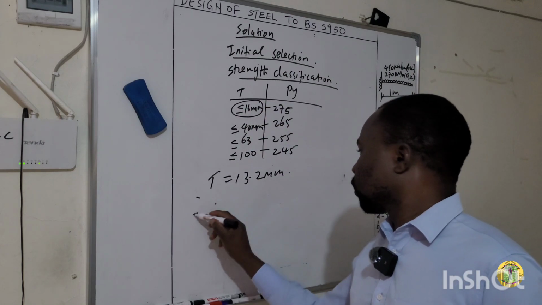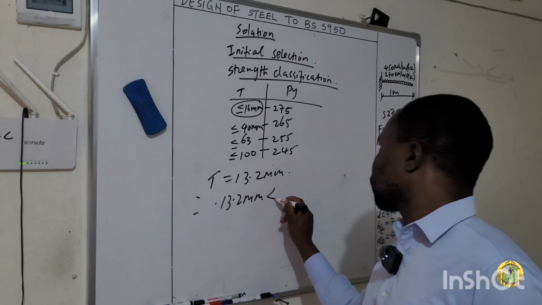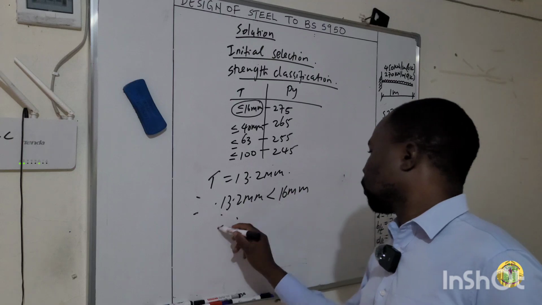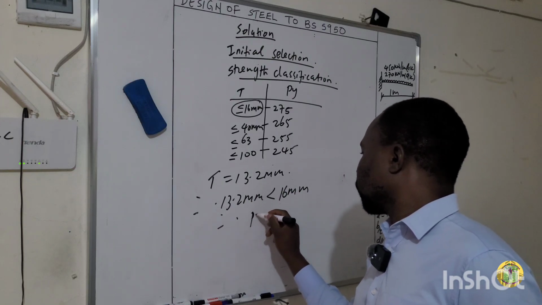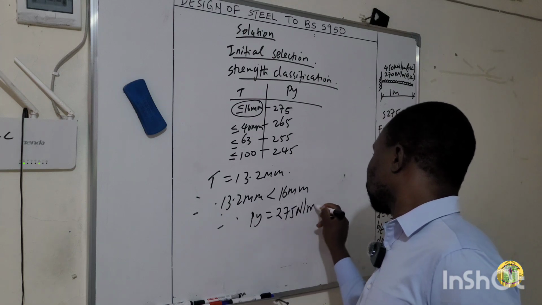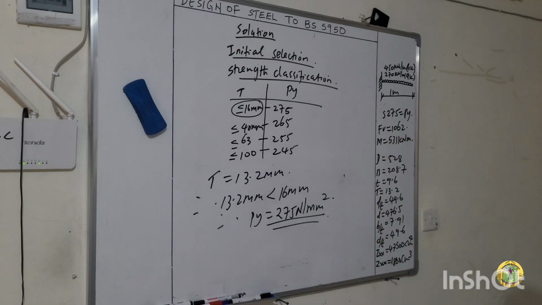So you can say therefore 13.2 millimeter is less than 16 millimeter. Therefore, the Py is equal to 275 Newton per millimeter square. So this is the strength of this section.